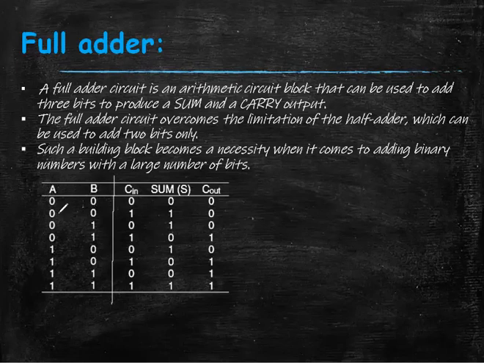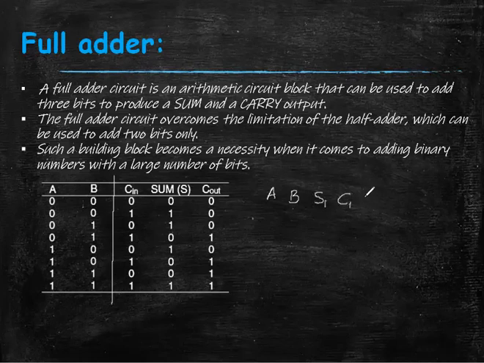If there are 2 bits A and B, we will get a sum and a carry using a half adder. When we are adding A and B, we will get a sum and a carry.